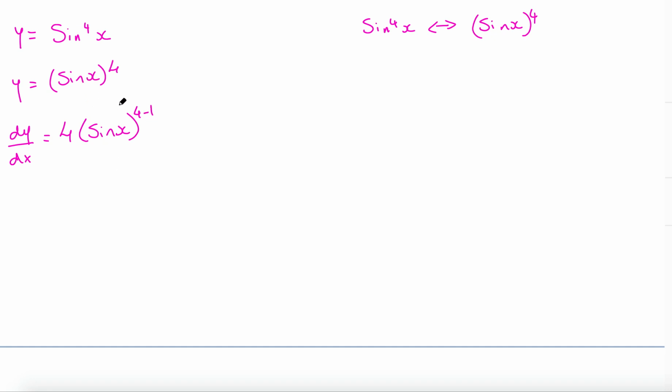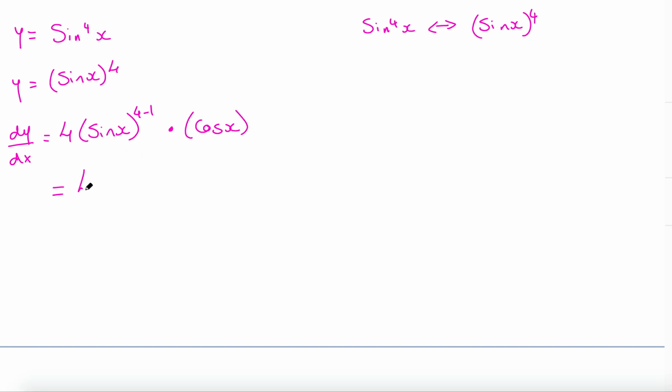And again, I must remember that while I've dealt with the bracket as if it was a block, and I'm treating it as if there's nothing in there, keeping it the same, I must now remember that I have to differentiate what was inside here. And that is going to work out to be cos x, using the log tables, page 25. That means sin x goes to cos x.